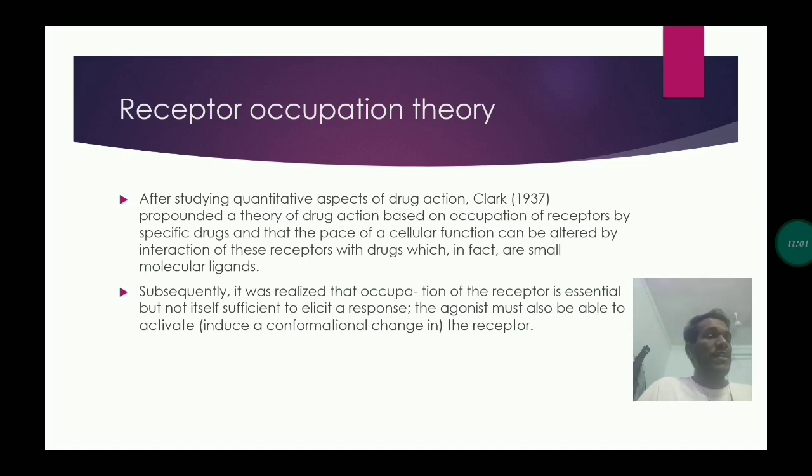To explain the theory further, I would like to explain two terminologies. The first is affinity. Affinity of a drug for a receptor determines its concentration around the receptor required to form a certain number of drug response associations, called DRs.